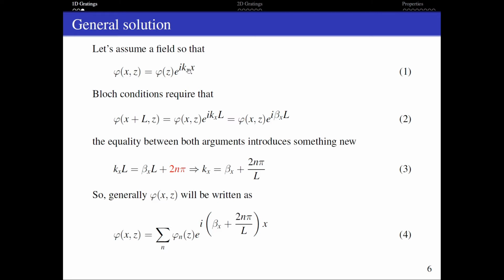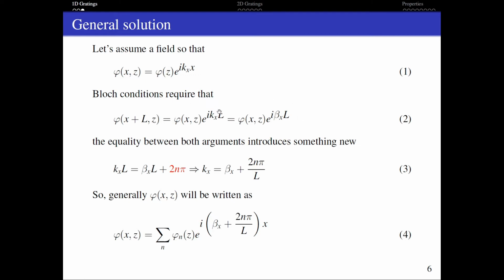If we take the Bloch conditions that we just defined and apply them to this, at x plus L, we get something very similar to the Bloch conditions we had before, except that in this case we have the kx value over here, and we want it to obey the Bloch conditions, so we have an equality between those two terms.